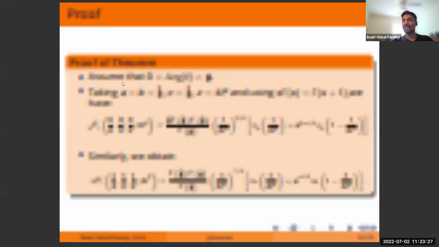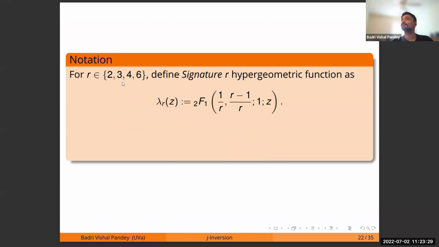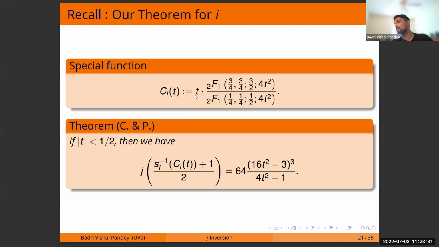And what was C_I of t again? It was this function. This t is coming from those ratios of 1 upon 4t squared to the power half divided by 1 upon 4t squared to the power 1 by 4. You get this factor from there, and this factor is coming from the ratio, and then the ratio of gamma factors is giving you the Chowla-Selberg period that I talked about.